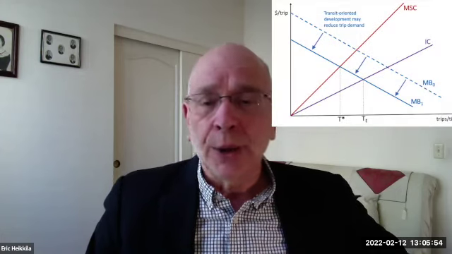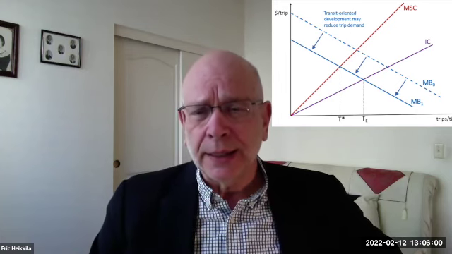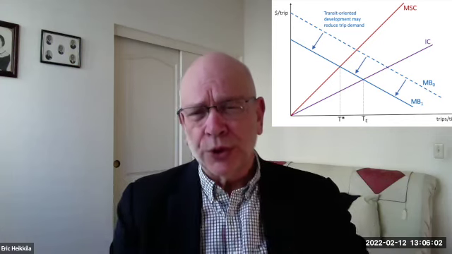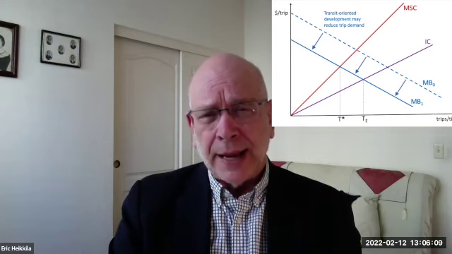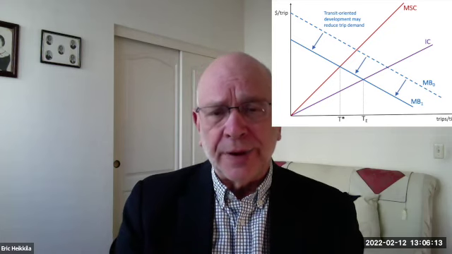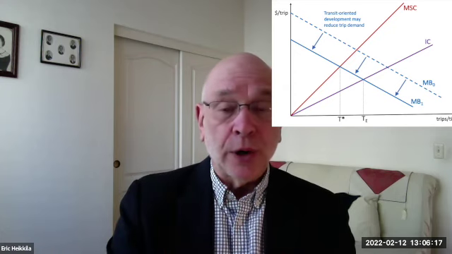And let's take a look at what that looks like in terms of our diagram. So as indicated, the planner's solution works primarily on the marginal benefit. And the idea is that the marginal benefits associated with trips is lower if you don't need a trip.